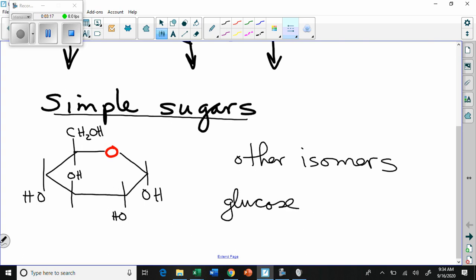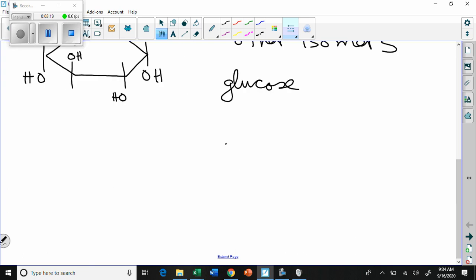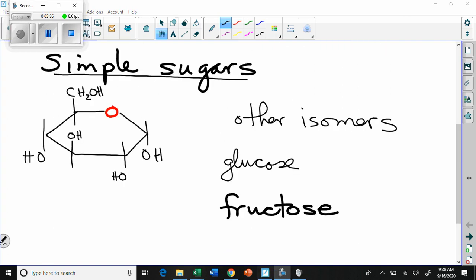The other isomer of glucose that we could mention is fructose. Fructose is also a simple sugar because it's a single ring molecule. It's a pentagon shape. All right, so there are many simple sugars. We'll just use glucose for now as our example to get the concept.